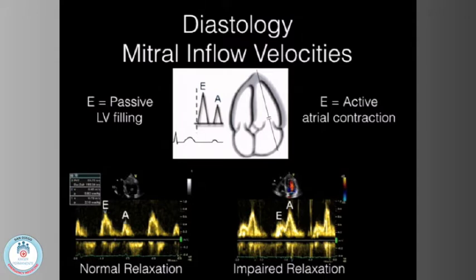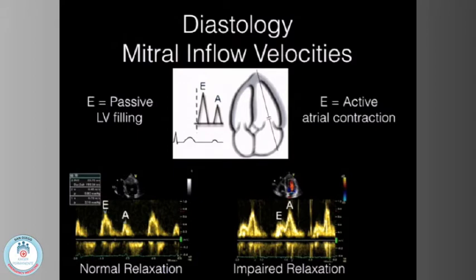Because we're working a lot here with pulse wave Doppler, we want to be in the apical four-chamber view again, a much more parallel flow of the blood. Normally, you've got the E wave and the A wave. The E wave is the early phase of diastole. That's when the blood is going from the left atrium through the mitral valve into the left ventricle, and you can measure that velocity using pulse wave Doppler.